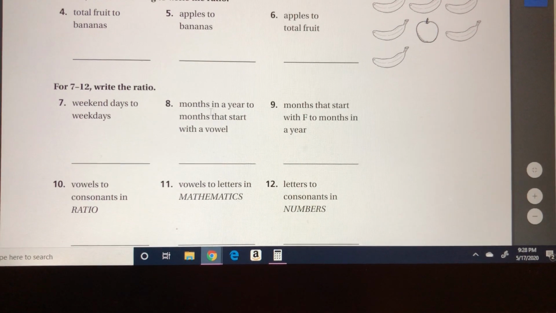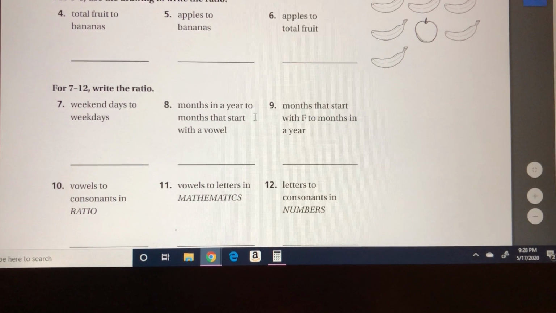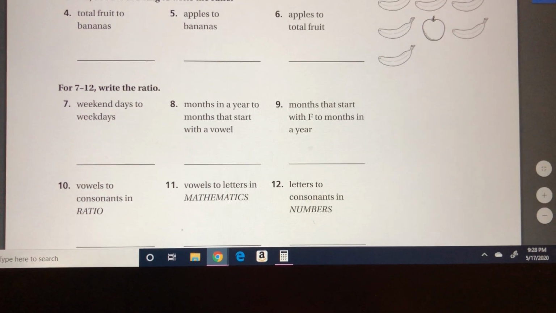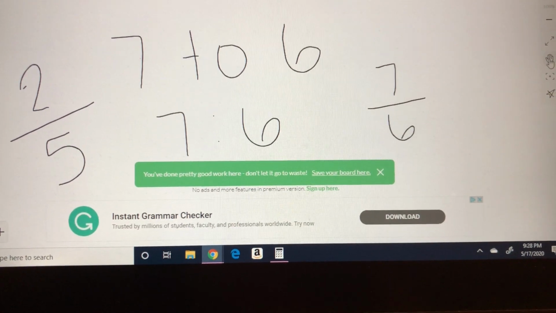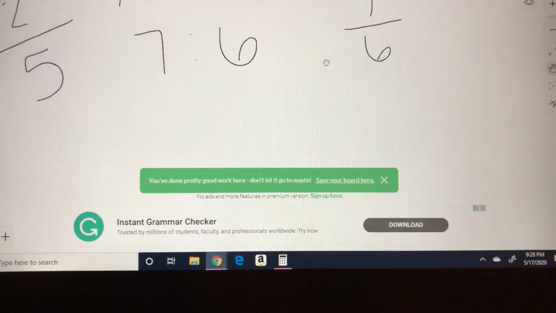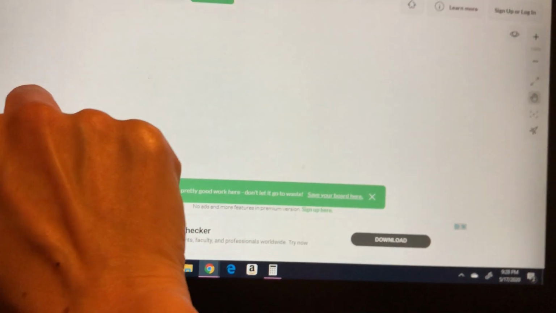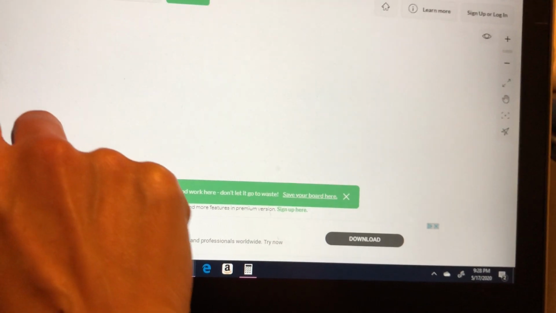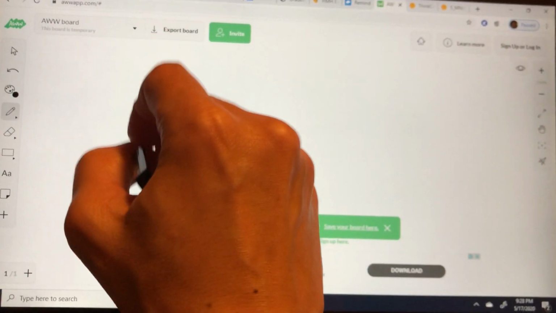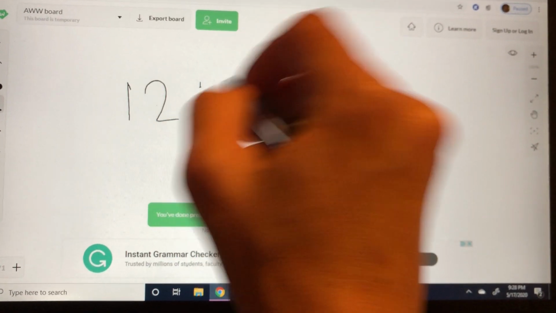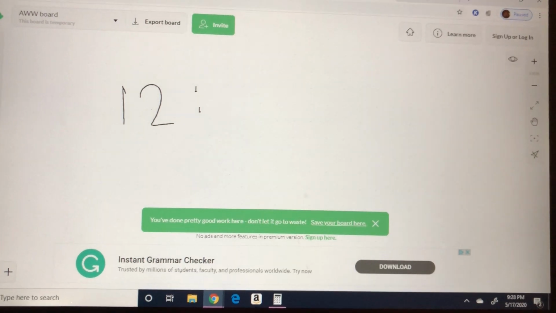All right, months in a year to months that start with a vowel. Let's move this. We know that there are 12 months in a year, and then they want all the months that start with a vowel.